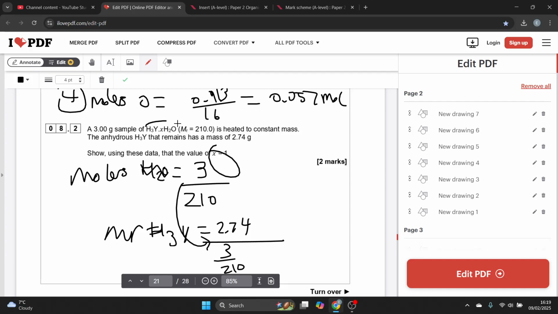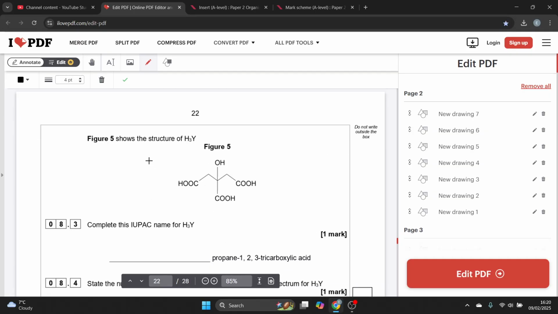So find out the moles of this, then the mass of MR. Because I'm trying to show x is equal to 1, I'm trying to find out the MR, so I can work out the MR as mass over moles. I then realize the MR I get is 192, and the total MR is 210. I do that, I get 18, and that's already 18, so therefore it's 1.